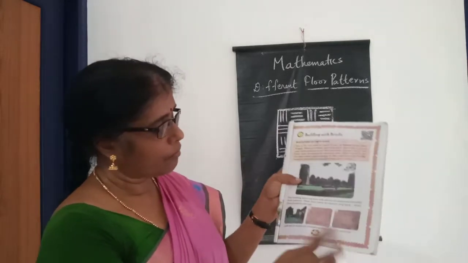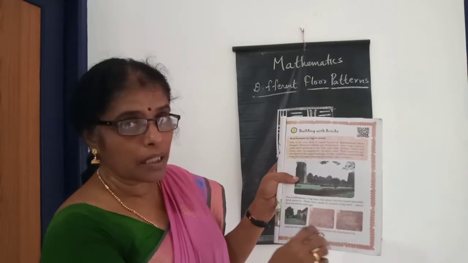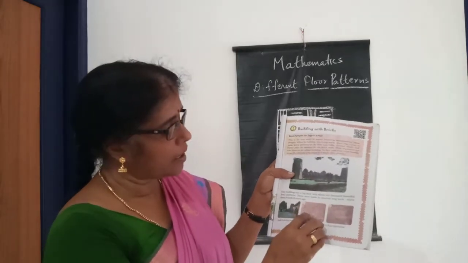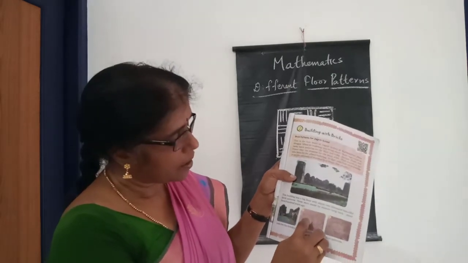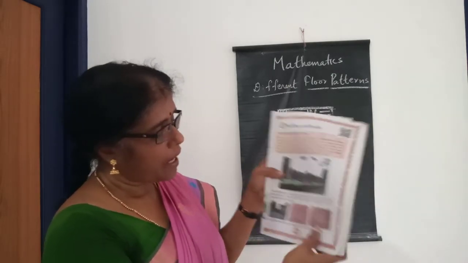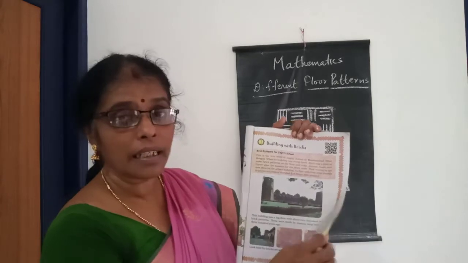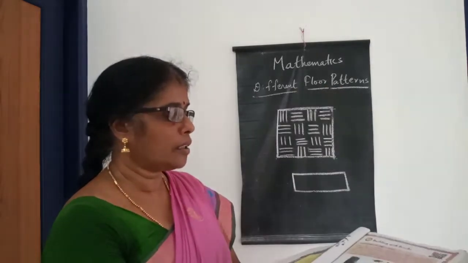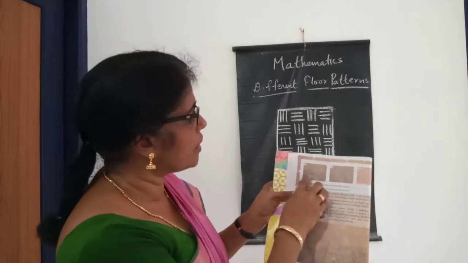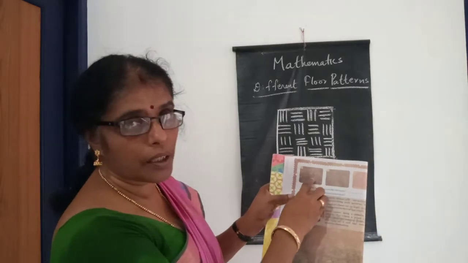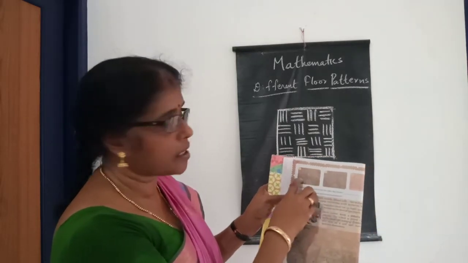Look at children. In the first picture, the bricks are arranged in a square shape. The second one is in a diamond shape, and the third one is also arranged in a square shape.